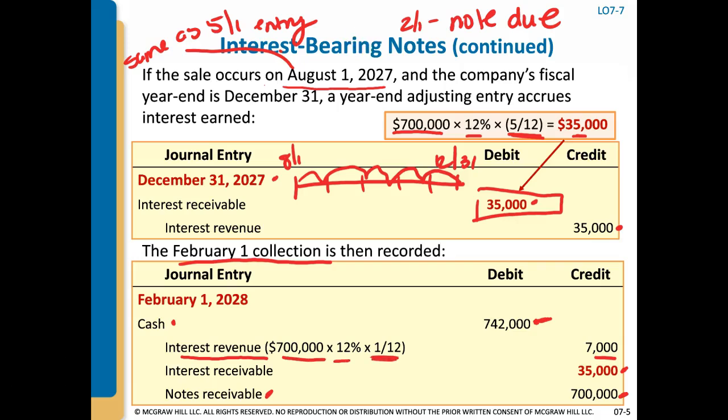We earned interest revenue of 1 month, and it's the $7,000. So in total, we have earned the same amount of interest. It's the $42,000. We just earned $35,000 of it was recorded in 2027, and $7,000 of it was recorded in 2028 because we overlapped year ends.